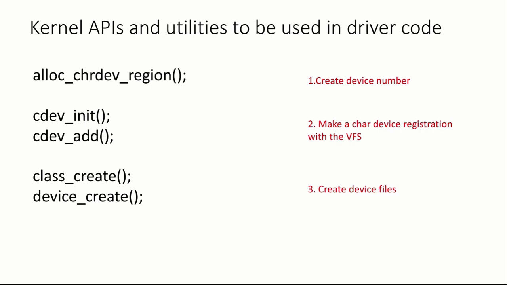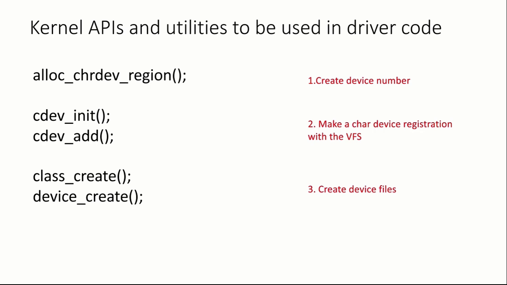Let's go to our next step, that is we now have to do a character device registration. How many devices are we handling? There is only one device, one pseudo character device. That's why you have to call cdev_add one time. That would make a character device registration with the VFS.